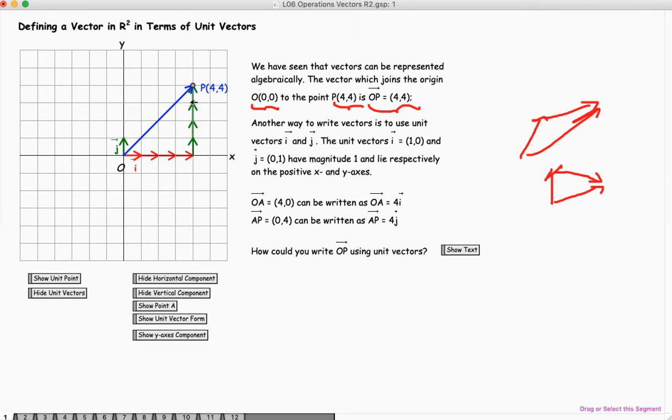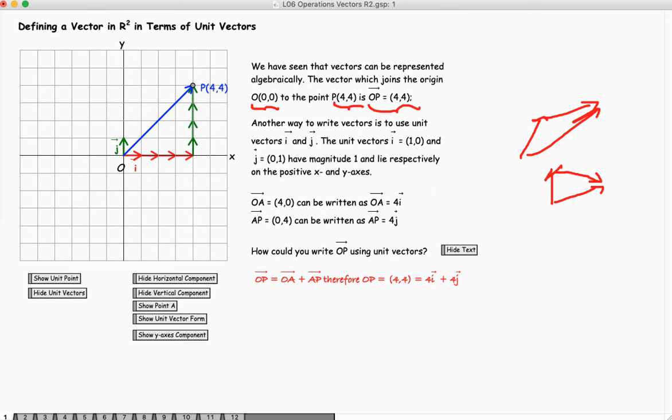An alternate way to write that would be 4i plus 4j. Vector OA over here, we could write as 4i, 4 times vector i. And this vector here, which I am calling AP, could be written as 4j, 0 to 4, which is that vector over there.